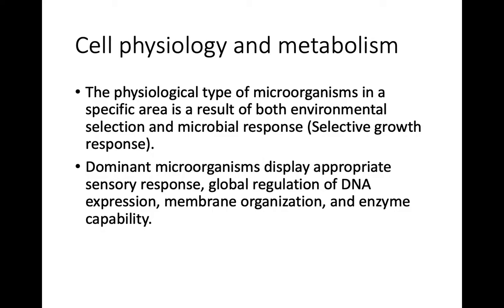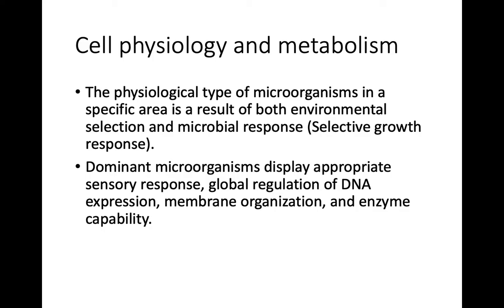Like the case of bacteria that have very resistant cell membrane and cell wall for aquatic environments where salt concentration is very high. That's one illustrative example. And definitely, bacteria must be capable of regulating and producing enzymes that are important for them to carry out their life processes.